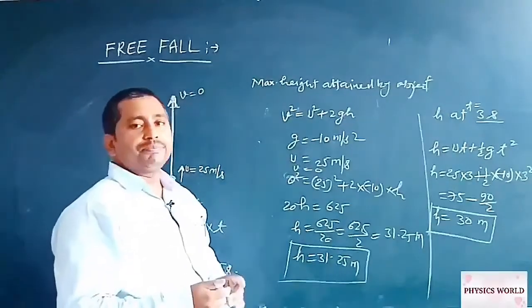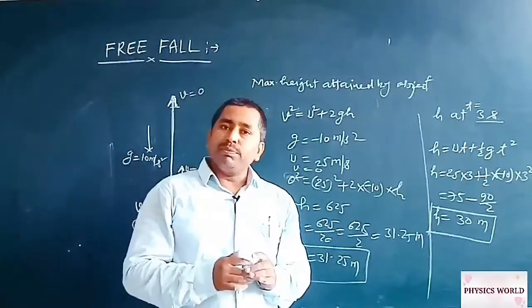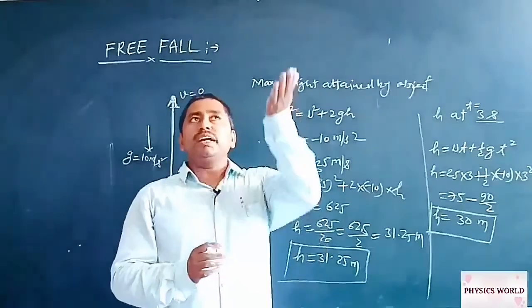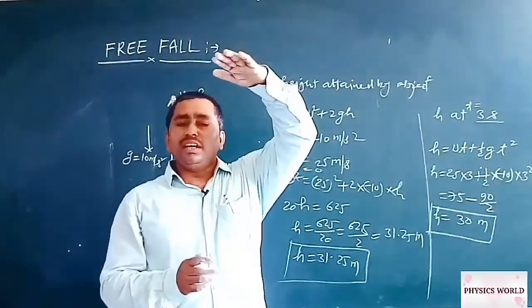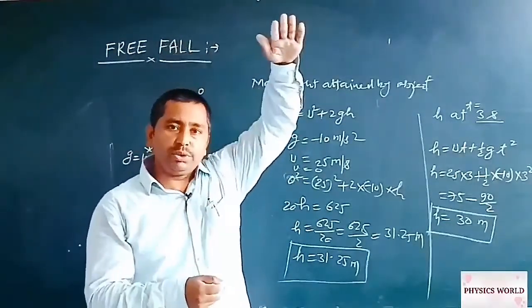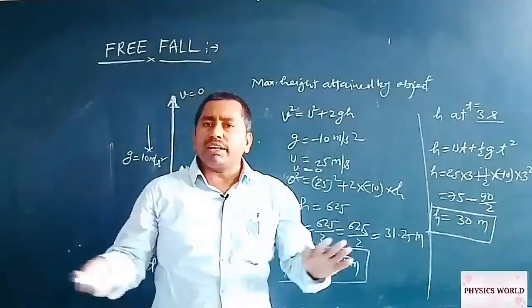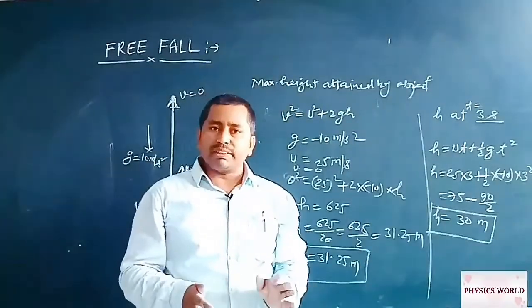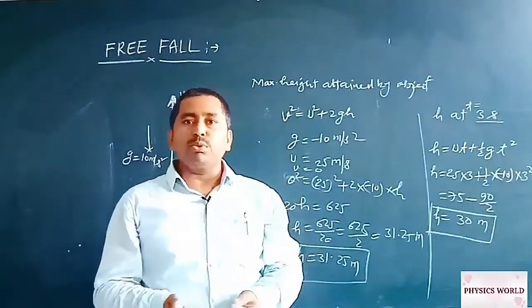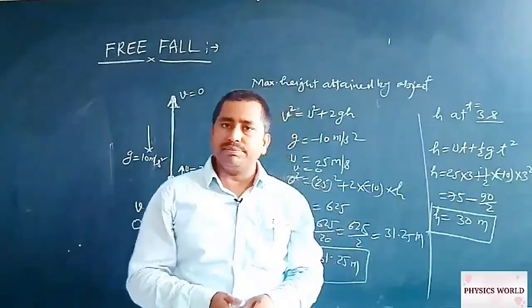Okay, so this is all about free fall and the application of the kinematic equations of free fall, and you can utilize all these equations for any object moving vertically upward or falling downward. Okay, so you can utilize all these 3 equations to solve different types of numerical problems and many other situations.